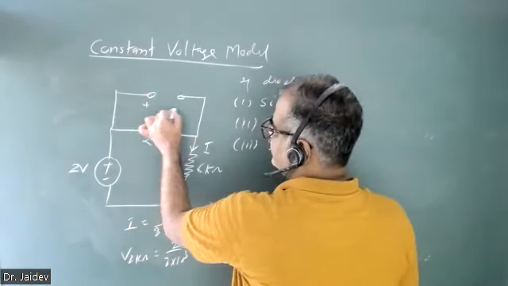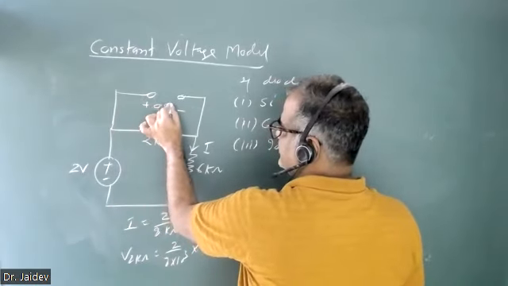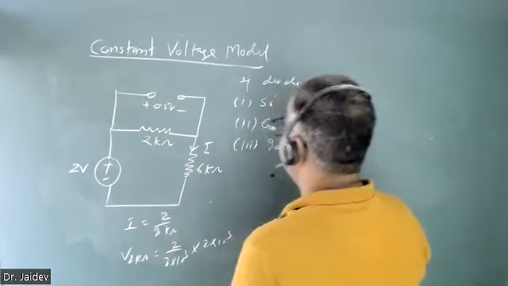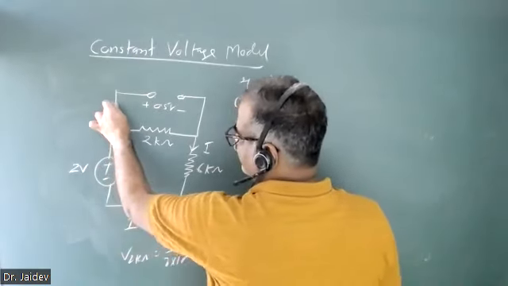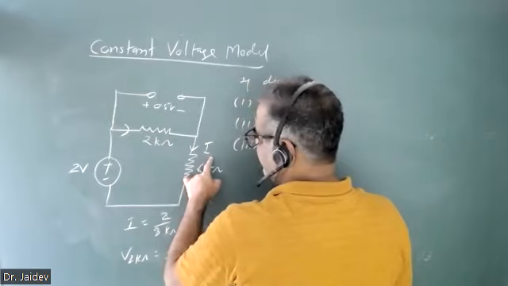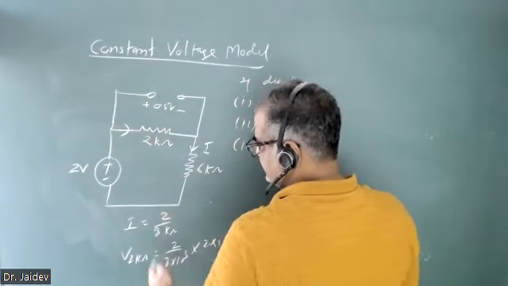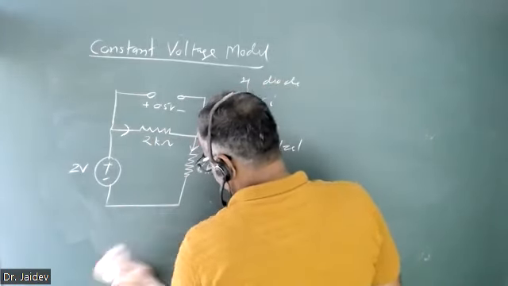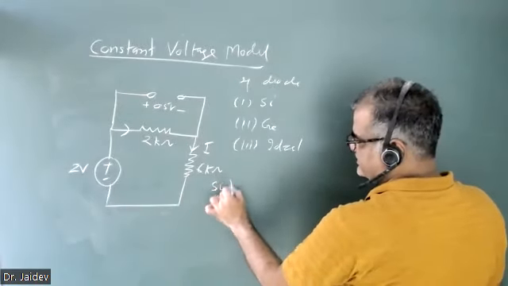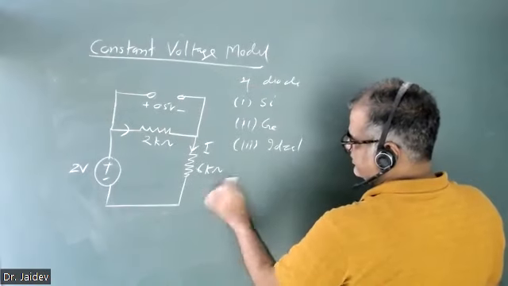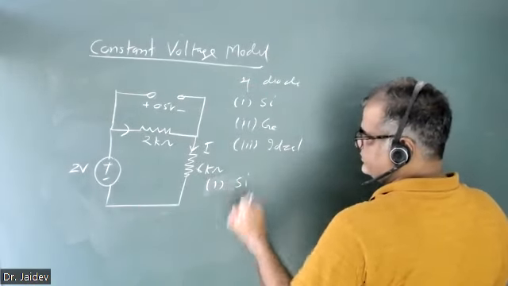So only 0.5 volts is coming here. Once 0.5 is coming, that means silicon will not conduct. So for silicon, the current will not go here; all the current I will pass through the other path. So the first case is silicon.